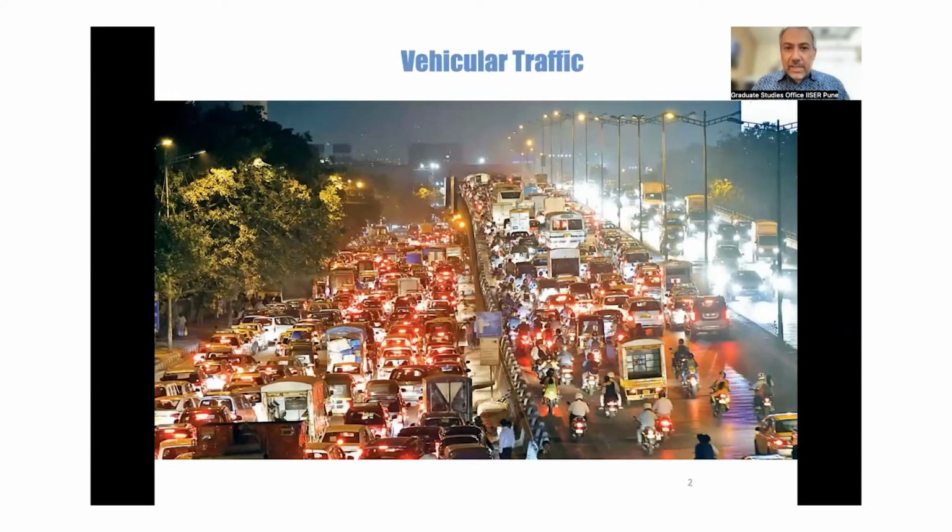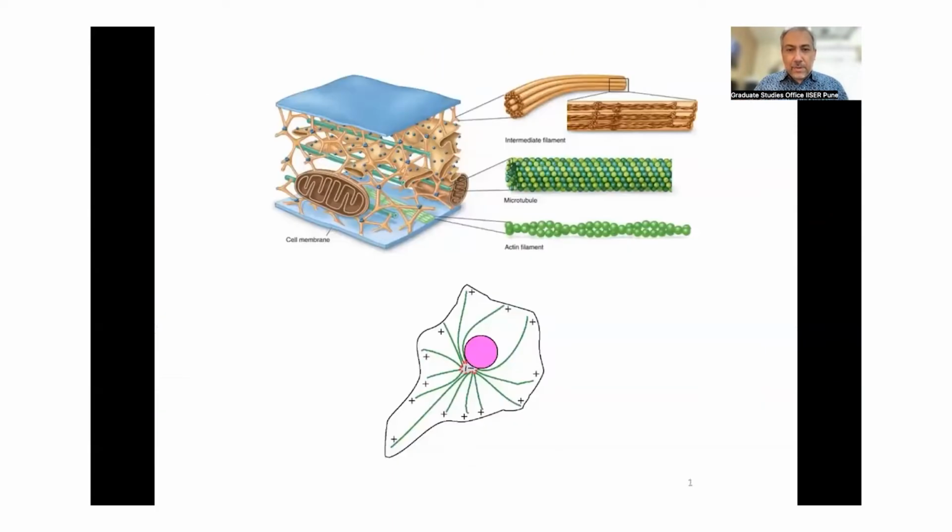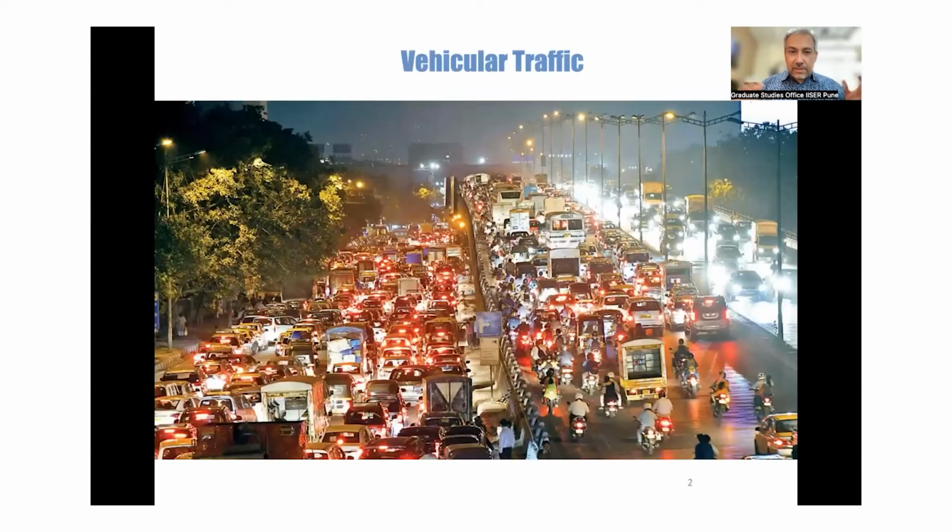We're all familiar with sites like this, and we've been thinking about the cytoskeletal components in many places, particularly the microtubule network, which starts from the center towards the periphery of the cell, as being major highways in the cell, right? And we're all familiar with this kind of crowding on highways.